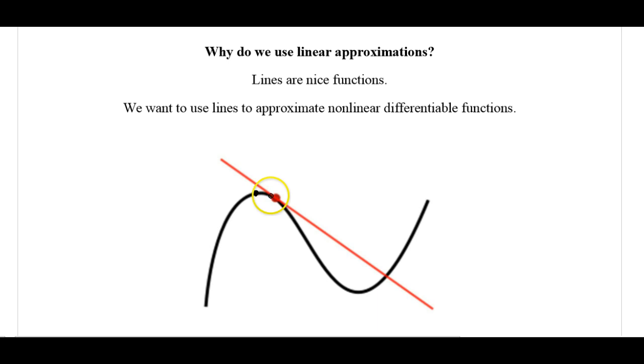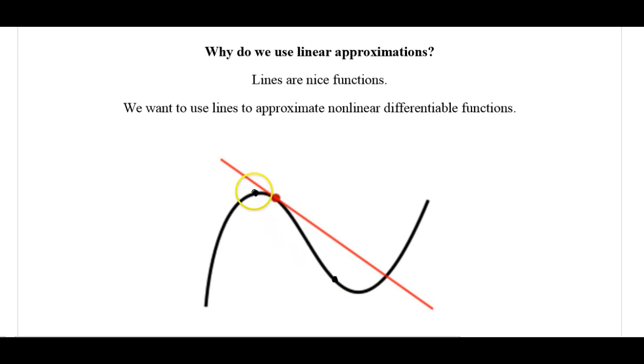So in a little interval around this point of tangency, this red line is going to be a pretty close approximation to the actual curve. Now, once I get far away from this point of tangency, let's say down here, now I'm not really so close to the red line. So this is a huge gap. This would be a huge error if I use the tangent line way over here.